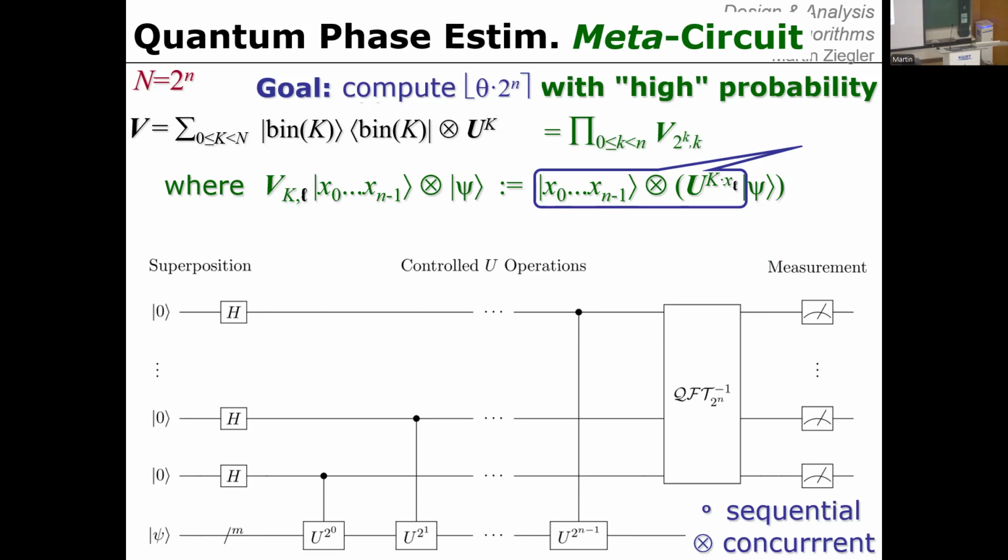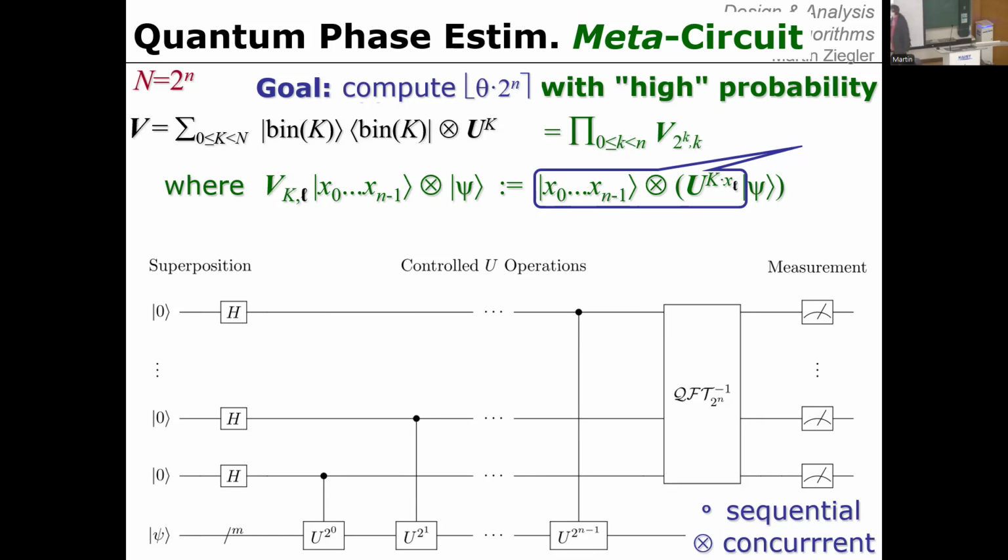So here we have these n0 input qubits, the n-fold Hadamard transform. Here we have the promised eigenvector psi, which is an m qubit vector. Here, repeated squaring: we apply U to the 0, U squared, U to the fourth, U to the 8, U to the 2 to the n minus 1.